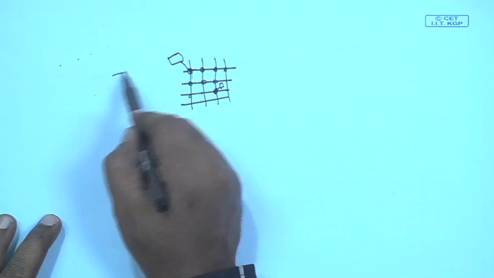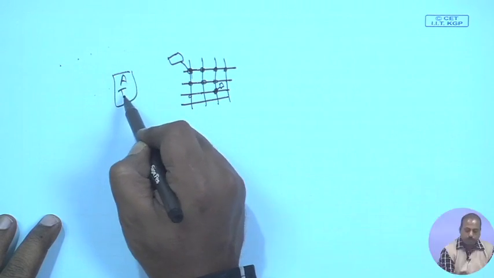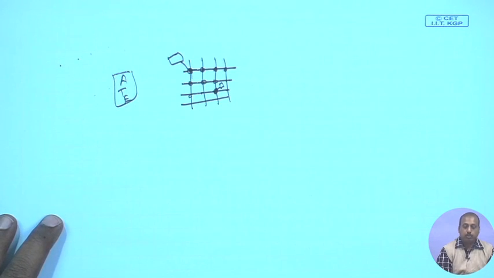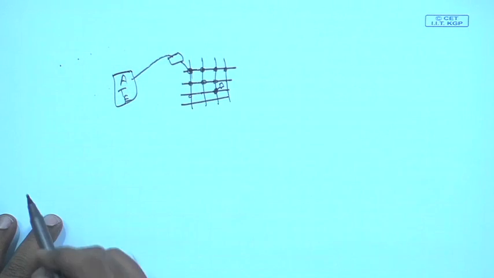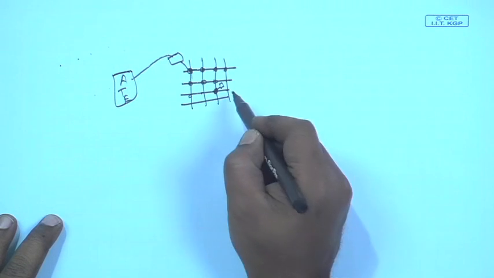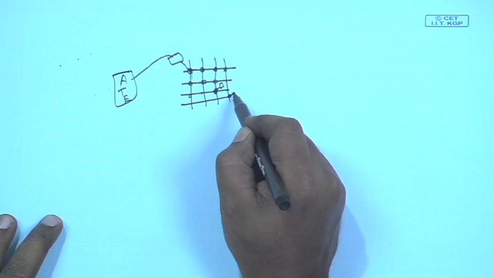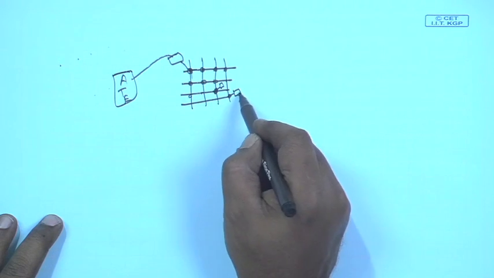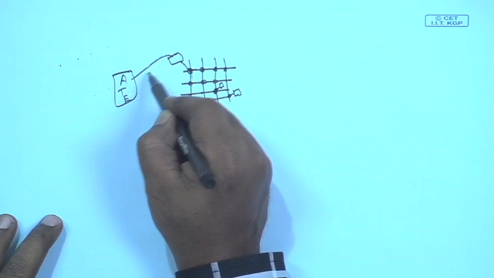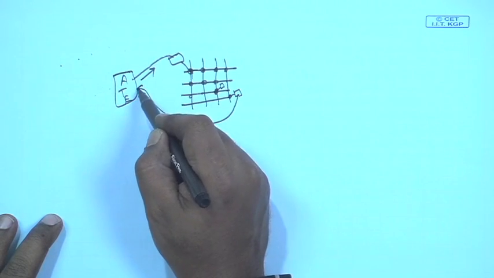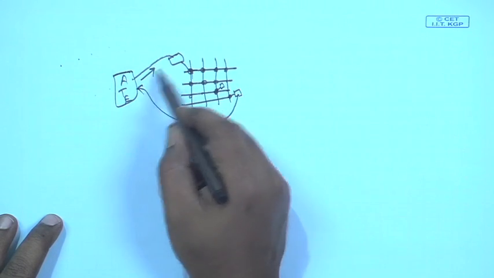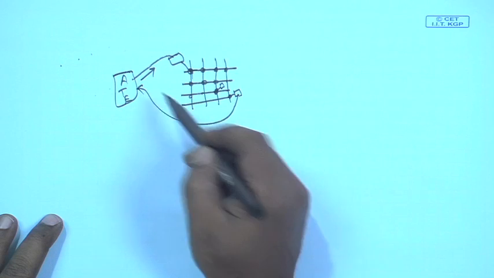The ATE that we have in the system will communicate to one of these cores. Normally, what is done is that an ATE channel is connected to one of these cores as the input point, and similarly an ATE channel is connected to another core as the output point. So, this is input from the ATE and this is output to the ATE.